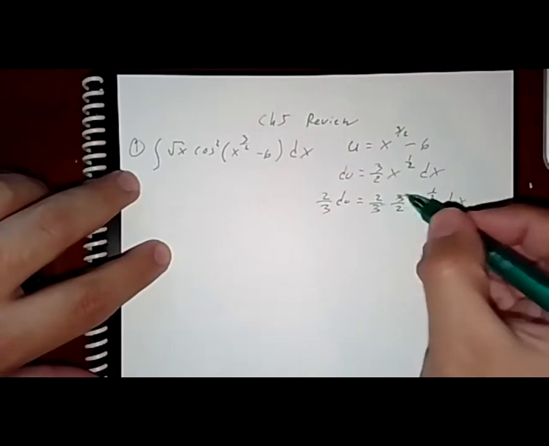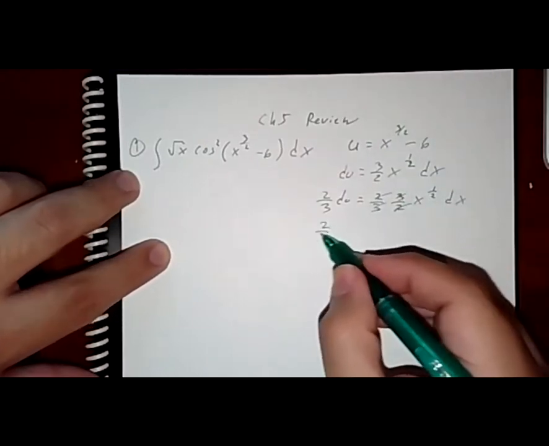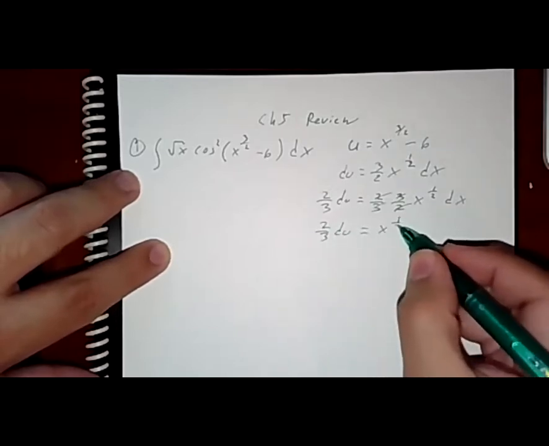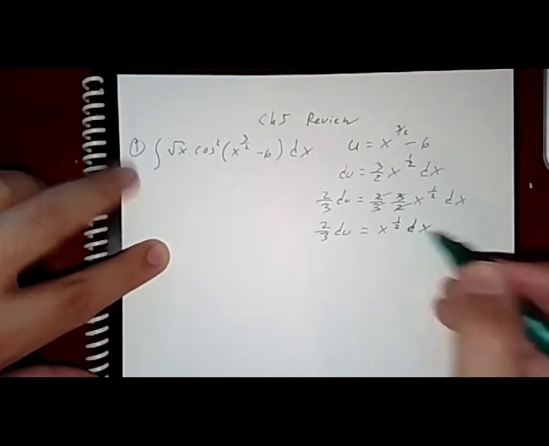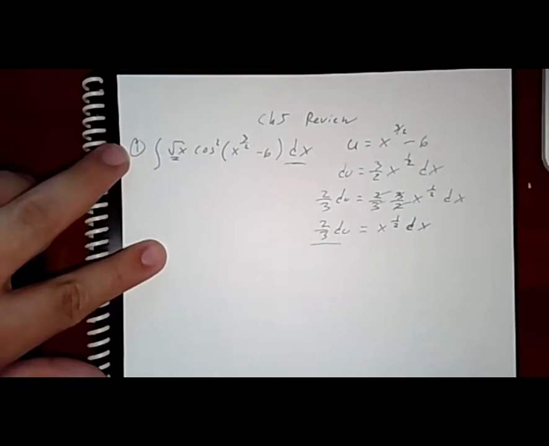So these cancel. Now 2/3 du will be replacing x to the 1/2 dx. So that's right here, replaced by this.